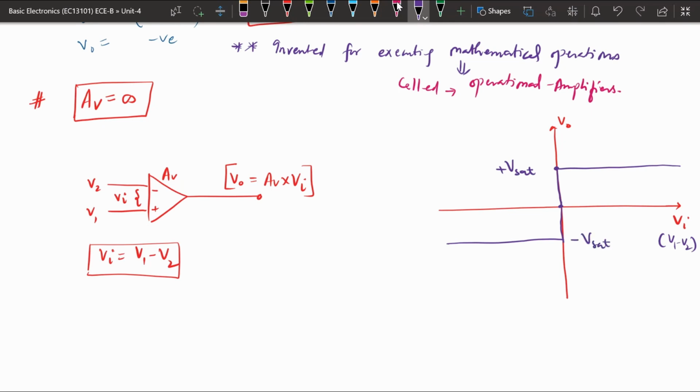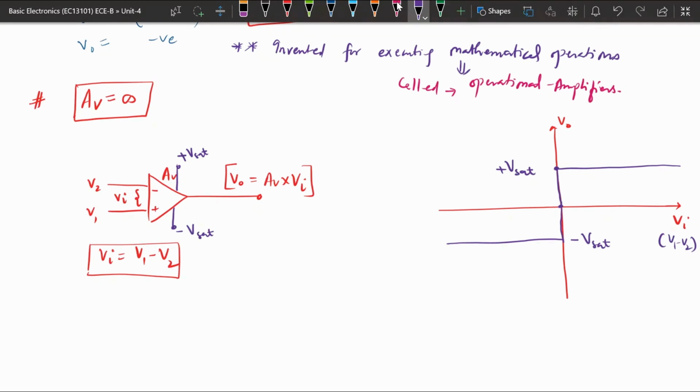So what is this V set? We have already seen what V set is. V set is nothing but the biasing voltages applied to these operational amplifiers. It is not shown in the symbol, but it is there. Whatever maximum positive voltage we are applying is called plus V set, and the negative applied voltage is called minus V set or negative V set.